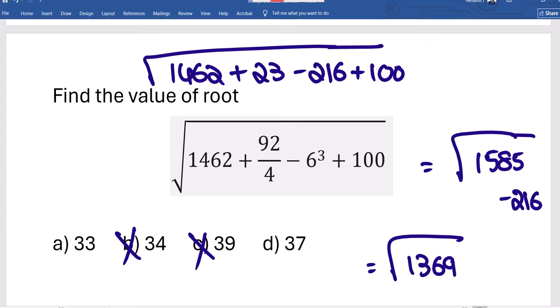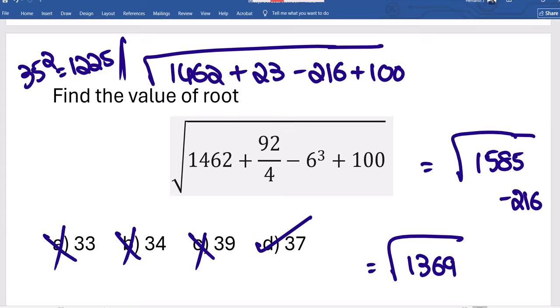Which one do we have to decide? 35 squared is 1225, and this is 1369, more than that, so it should be 37 only. 33 squared is 1089. So 33 is wrong. We can go for 37.